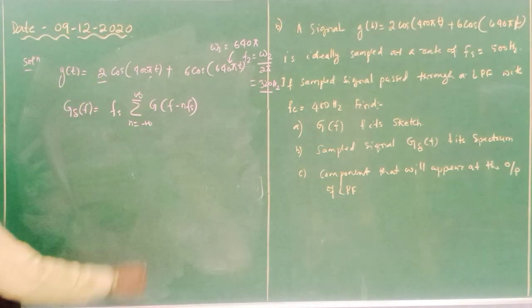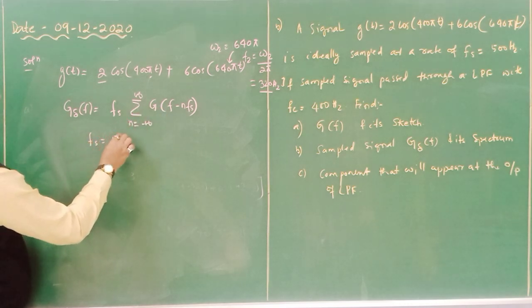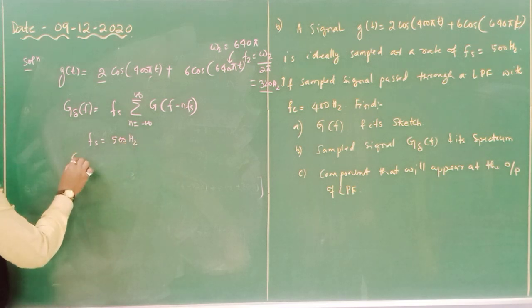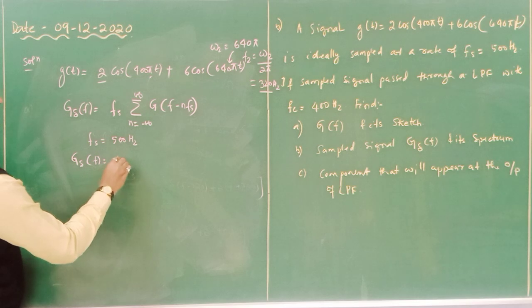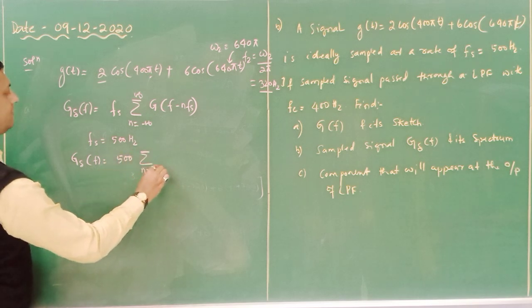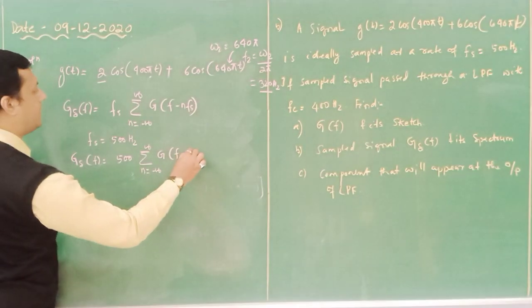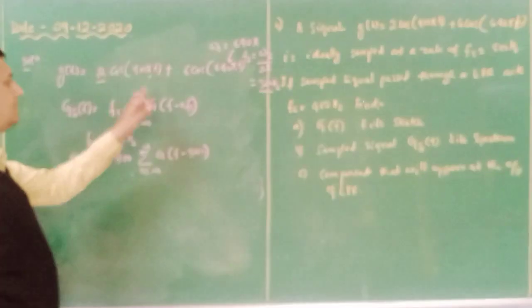Okay. So now here fs is given as 500 Hz. Then you need to substitute here: g del of f is 500 summation n equals minus infinity to infinity g of f minus 500 times n. N is the number of samples.